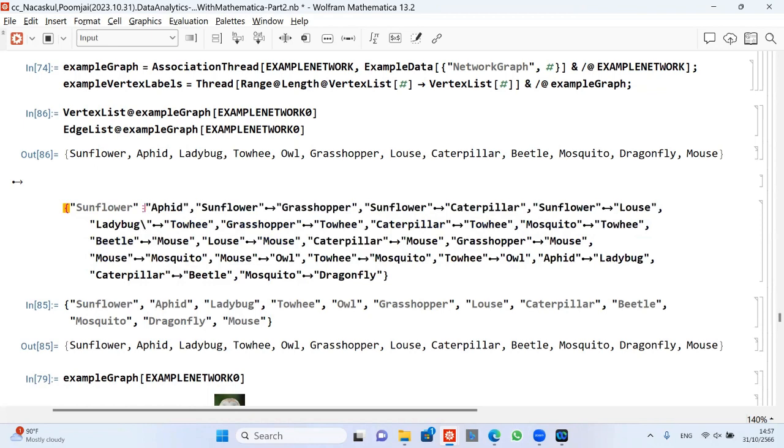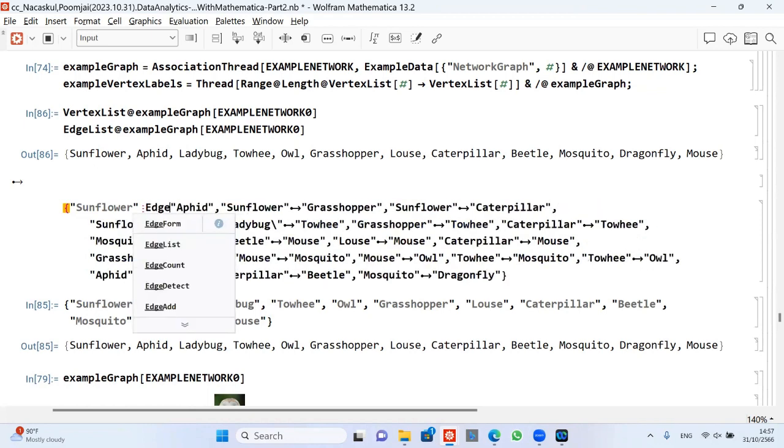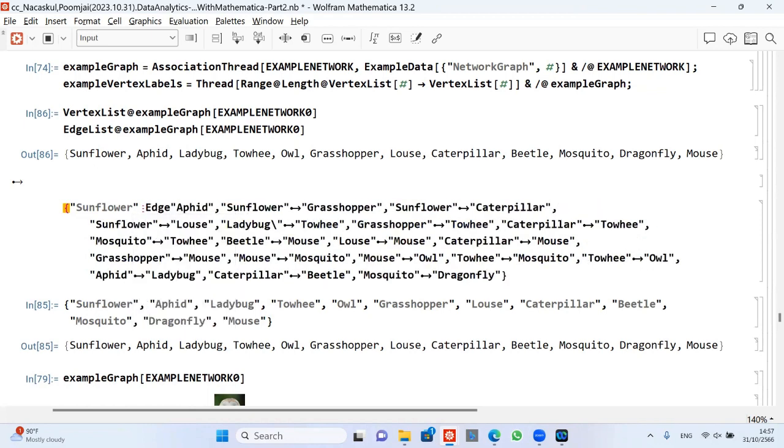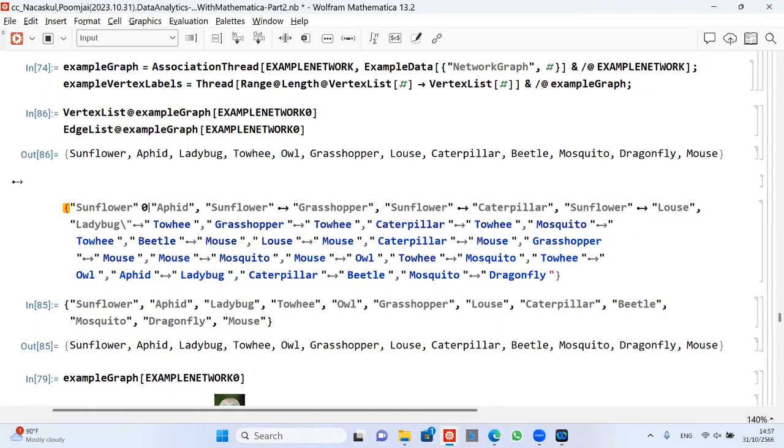It's called directed edge. I don't know why it doesn't come up. Why is it so hard? No, it's this guy. Okay. So these are the edges.